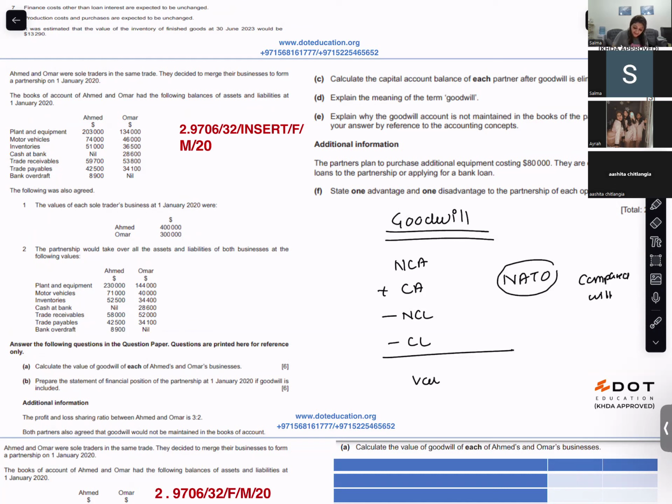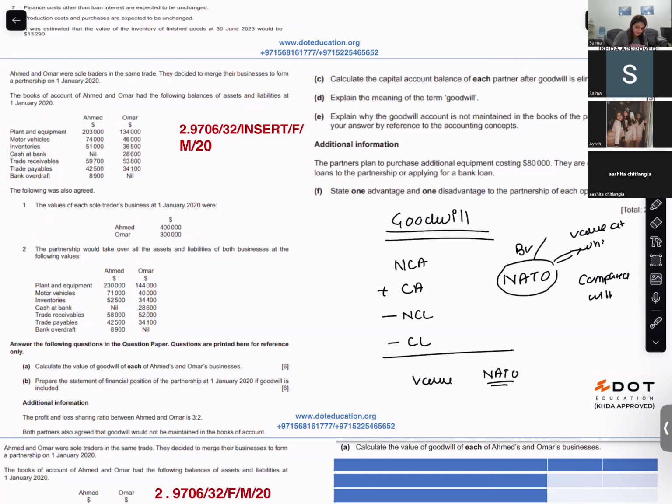So when you're finding the NATO, you will take the book value or the value at which you take over. The value at which you take over. So the NATO is compared with the value outside, or the value at which you're going to buy the business.